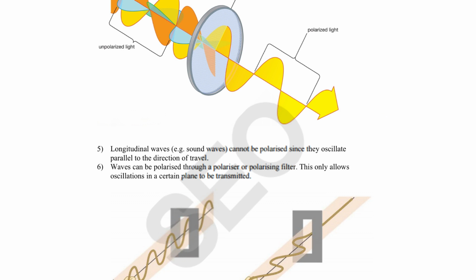If your slit is vertical and your waves are also vertical, then you can pass through. But if your waves are horizontally oscillating and your slit is vertical, they cannot pass through. This is just to help you imagine that if your filter is 90 degrees to your oscillation, then you cannot pass through. Of course, this doesn't really happen in your sunglasses. You can't really see the slit, but it's the same principle.